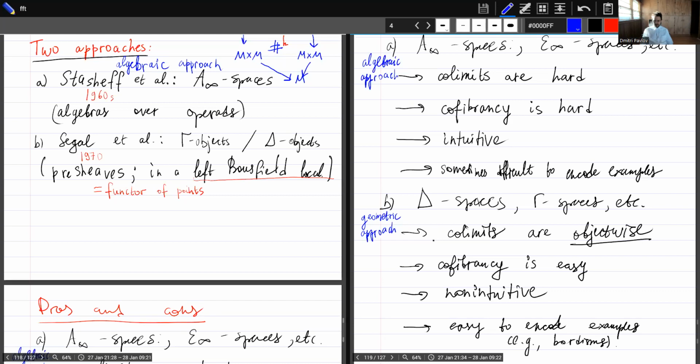Maybe one answer is that the main technicality is hidden in the localization functor. So in fact, you could say colimits are object-wise, followed by the localization functor.